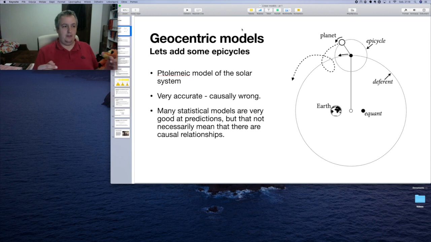But people who were thinking so were very ingenious people. They were thinking, like for example, Ptolemy, the Egyptian astronomer from almost 2000 years ago.